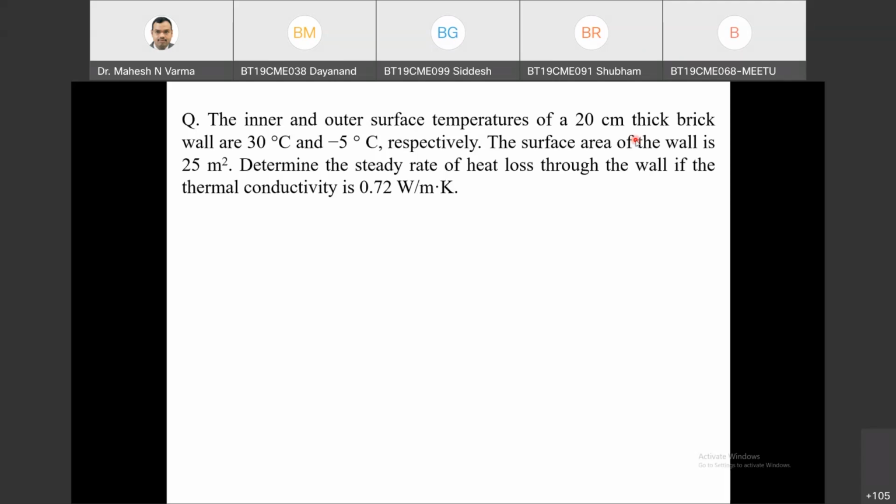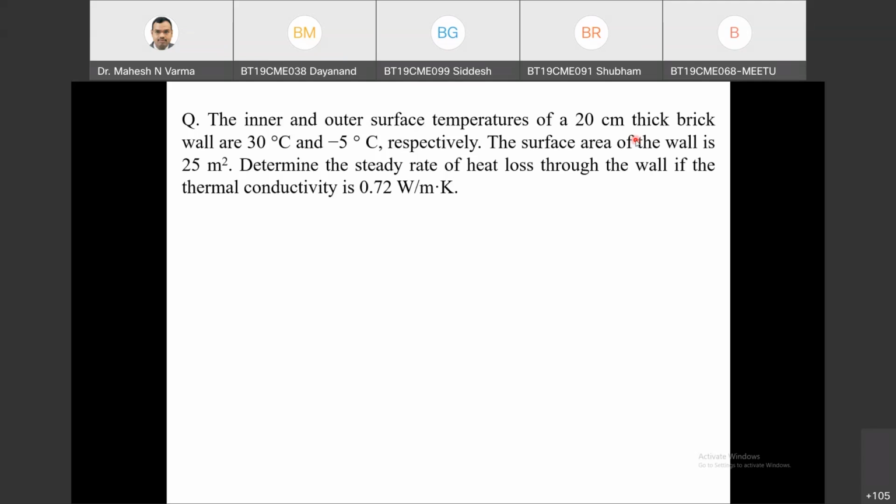The thickness of the plate, one side of the plate, sir. Inner and outer surface is given. Inner side is 30 degrees Celsius, outer side is minus 5 degrees Celsius. I am talking about the last question. The answer will be 0.048.